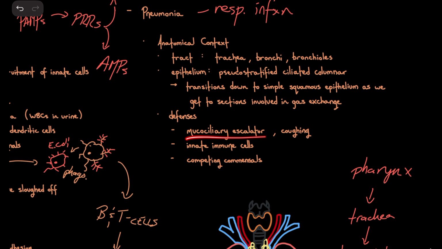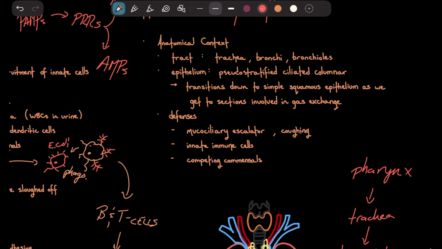All right. I will say, as we get down, this fancy epithelium will eventually just become simple squamous. What I mean by that is they become flat, pancake-looking cells.